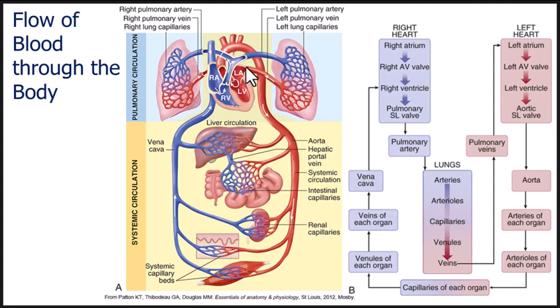The left atria will move blood into the left ventricle through another atrioventricular valve on the left side, also known as the bicuspid or mitral valve. From here, the blood in the left ventricle is going to be pumped out of the heart and into the aorta. How it gets to the aorta is through a valve called the left semilunar valve, also known as the aortic valve.